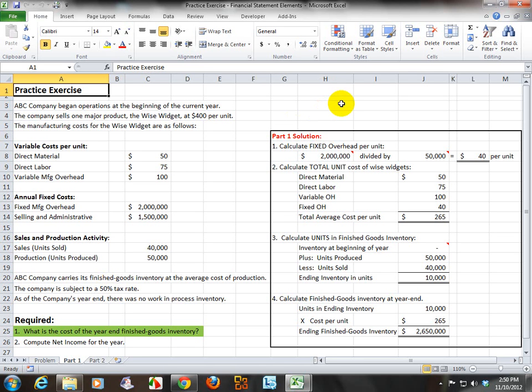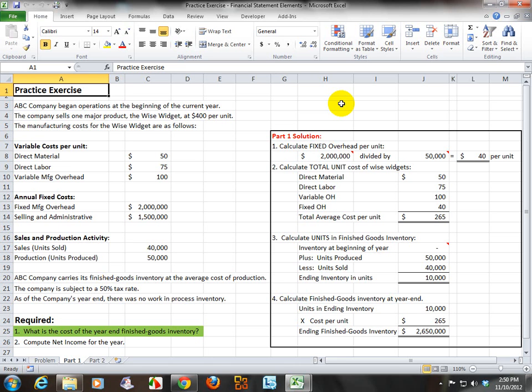To solve this problem, the first challenge we have is to look at one unit of product and make sure that we understand what the total cost is to produce one unit of the product. The problem gave us the unit costs for variable costs, but it did not give us the unit cost for fixed manufacturing costs.